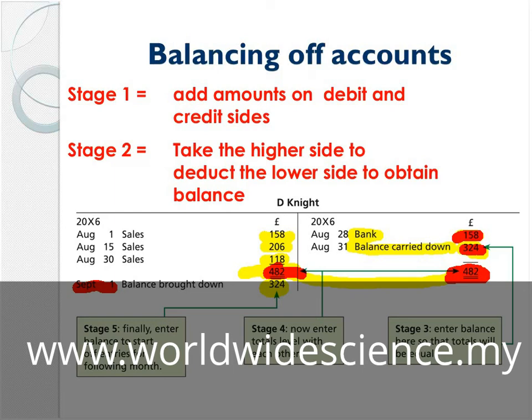Finally, stage number 5 shows that we finally enter the balance to start the entries for the following month. So from the following month we start from the 324. It never goes away. It will continue to the next month with this amount.